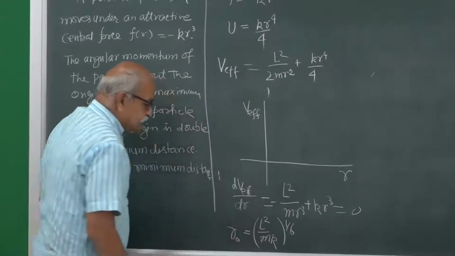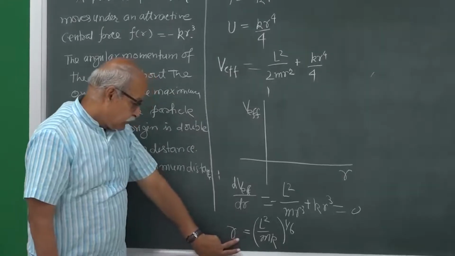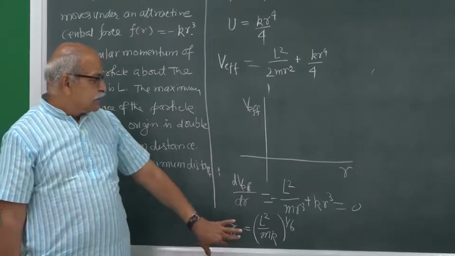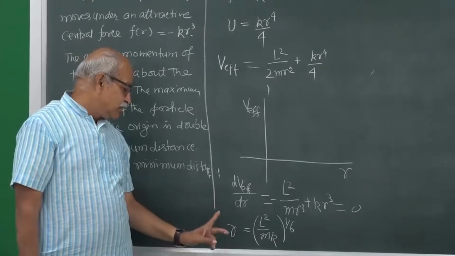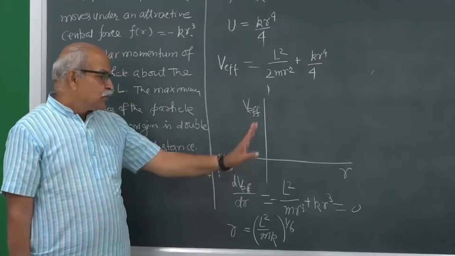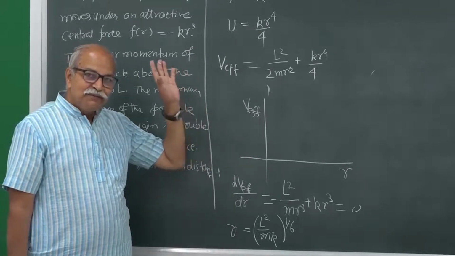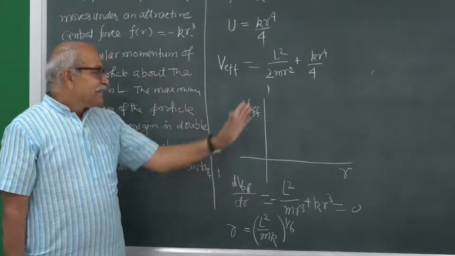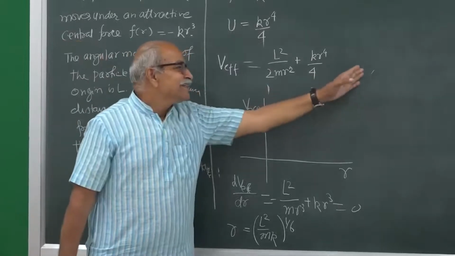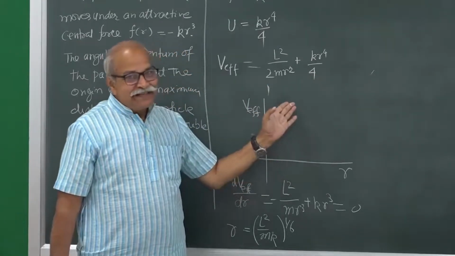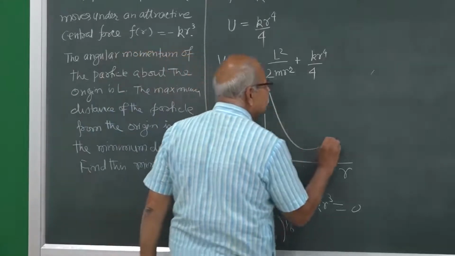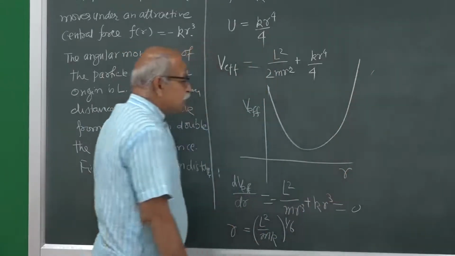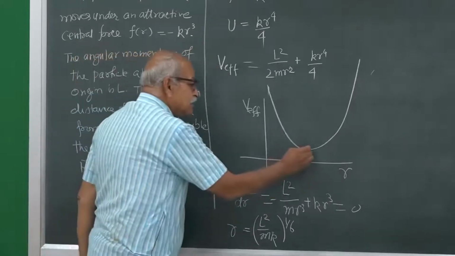This is the place where this will be maximum or minimum, and you get only one value of r. So, only one maxima or only one minima is possible. This is infinity, this is infinity, it is always positive, it has to be a minimum. So, your function will be something of this type, and this will be the minimum.